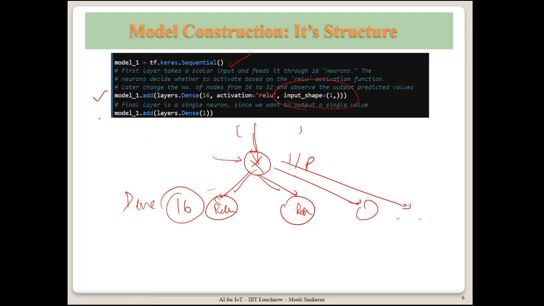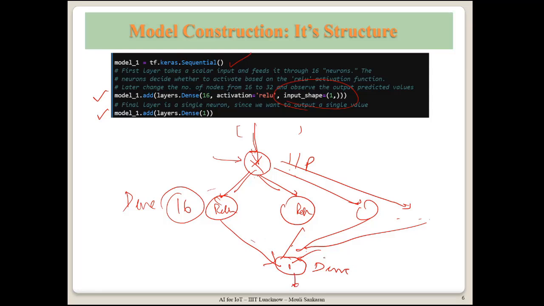And then we add another layer with Dense 1. We are saying that I want only one node, but I want this to be dense again. That means I want all the outputs from all the previous layer nodes to be fed to it. So the output node is also dense.